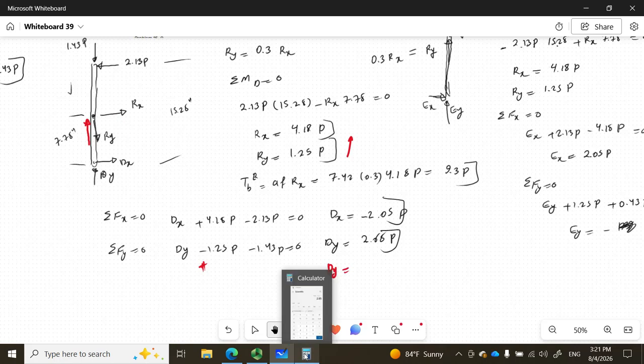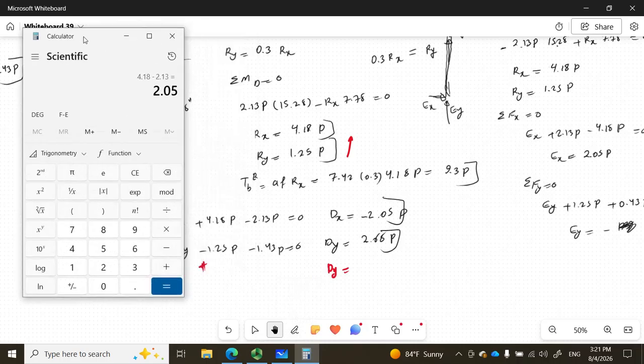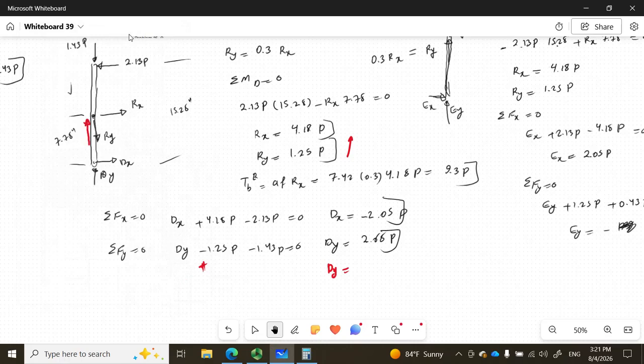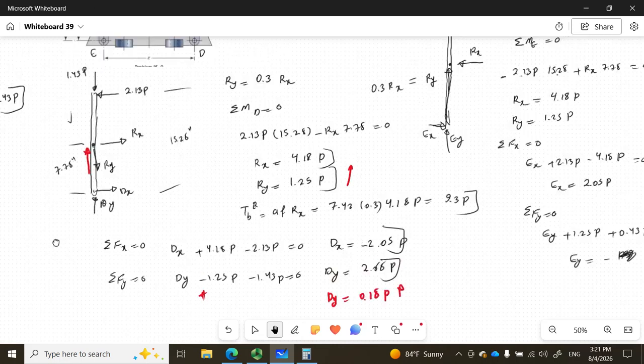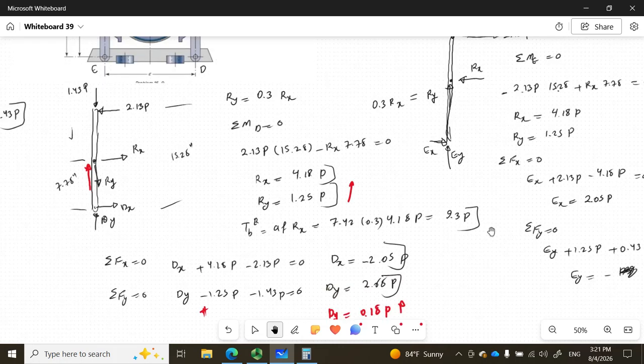Dy is going to be 1.43 minus 1.25. Yeah, 0.18. So Dy will be 0.18, right? So upward still, 0.18 times the P upward. So that's what happens, but brake-wise TB doesn't change.